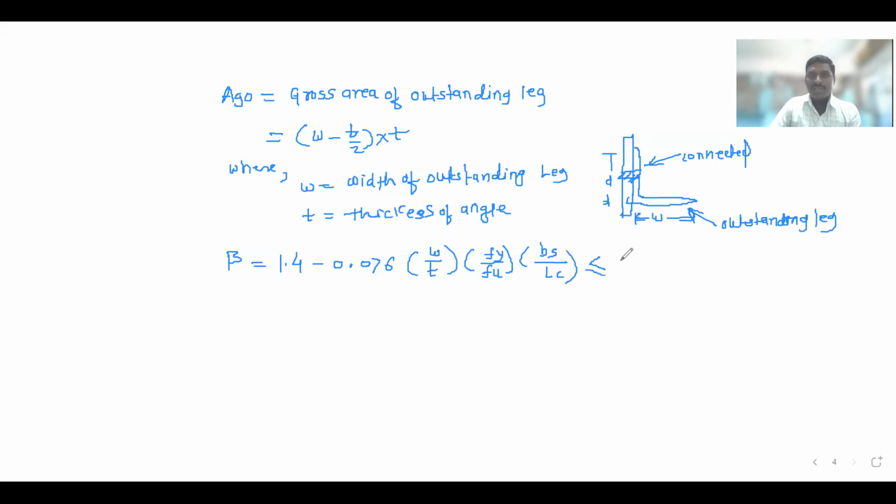It should be less than or equal to Fu into gamma m0 divided by Fy into gamma m1, and again it should be greater than or equal to 0.7. So this is the formula for calculation of beta. Write down this formula. Then we will see the unknowns one by one.